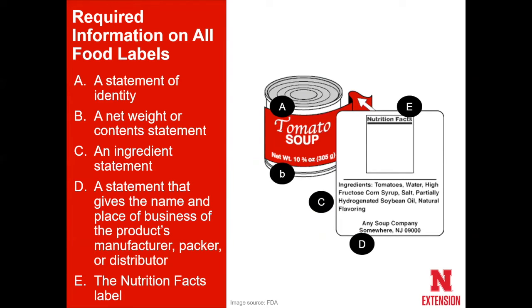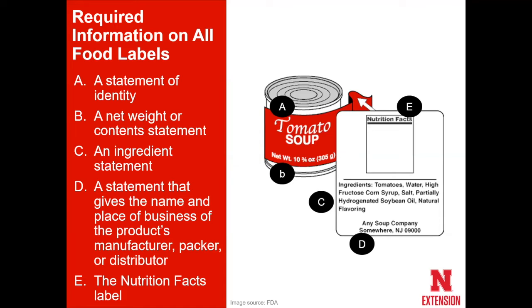So on all food labels, there are five key components. The first is that the product has to tell you what it is. So in this particular label, we see it's tomato soup. The other item that's required is that they have to tell you how much the content weighs or the numerical count of the ingredients in the food package.